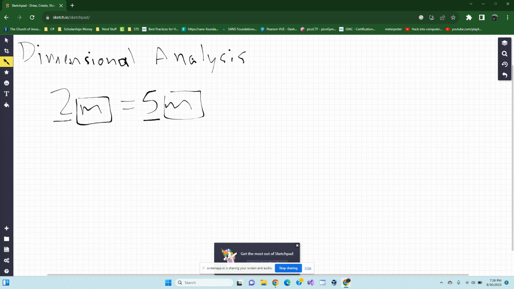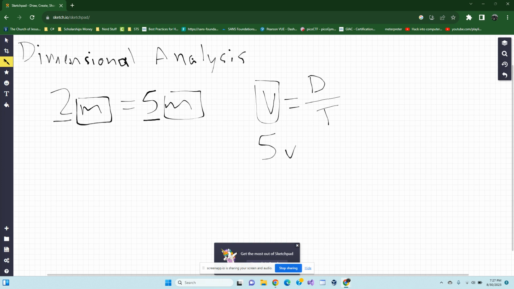Let's say we have velocity equals distance over time. So with velocity, you might think, well, there's a v over here, but there's not a v over here. Well, you have to actually know what velocity means. You wouldn't say you just ran 5 velocities.